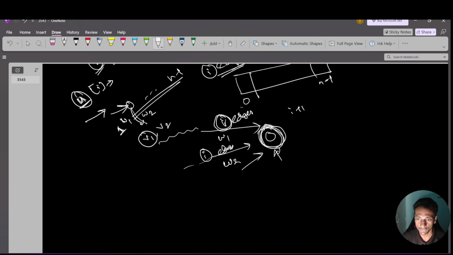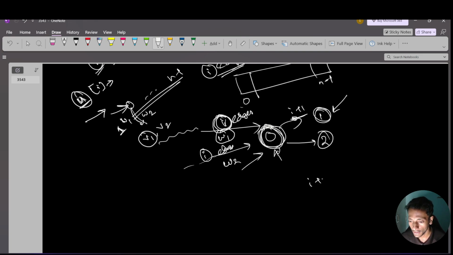Next I will do that for I plus 1. This is what I have reached by using I edges. Next I want to know, if I use one extra edge from 0, what can I reach? Suppose I can reach 1, another reach 2. I know this weight is w1 by using I edges. I can reach this with I plus 1 edges, because I is the number of edges I have used.